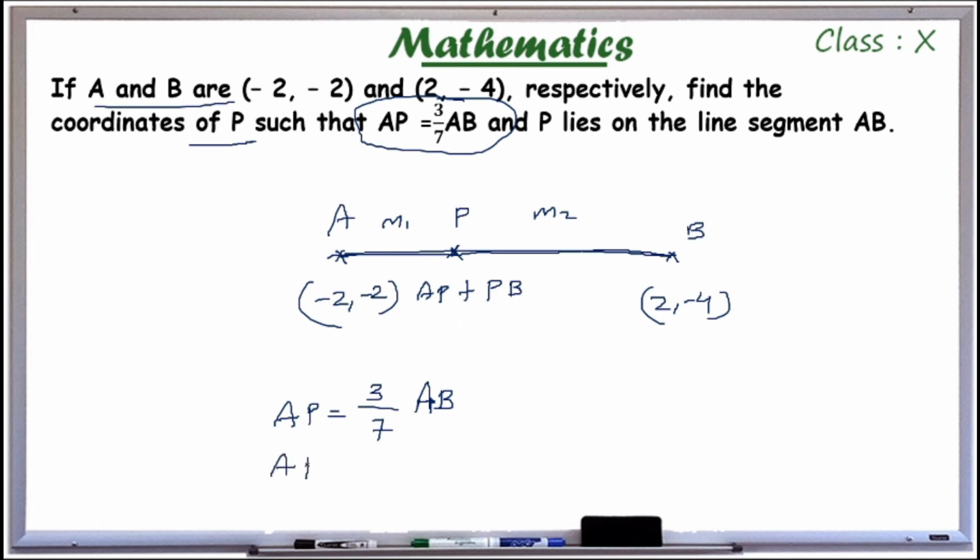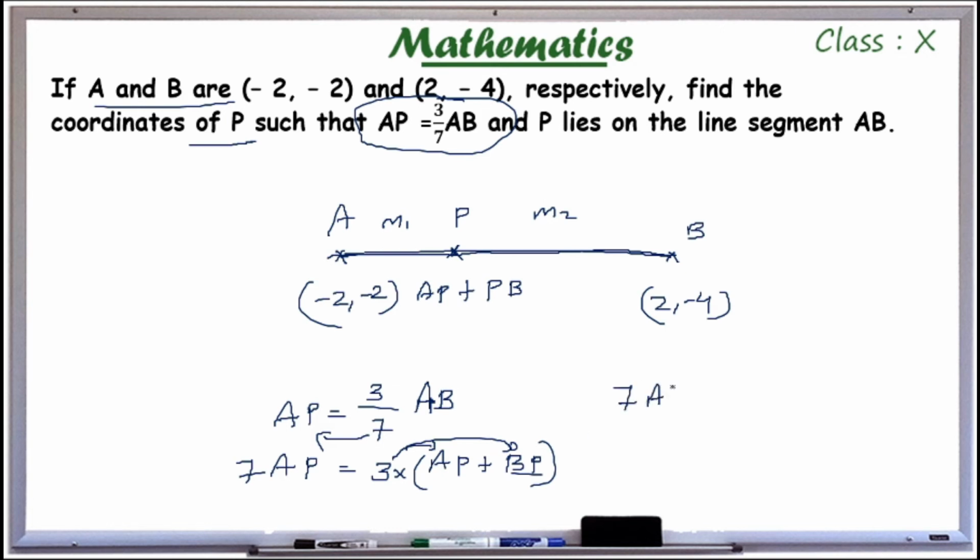So AP is equal to 3 by 7 AB, and here 7 I can multiply to the left side. So 7 AP is equal to 3 into AB. I split it into AP plus BP or PB, both are the same. So just multiply the 3 into both AP and BP.